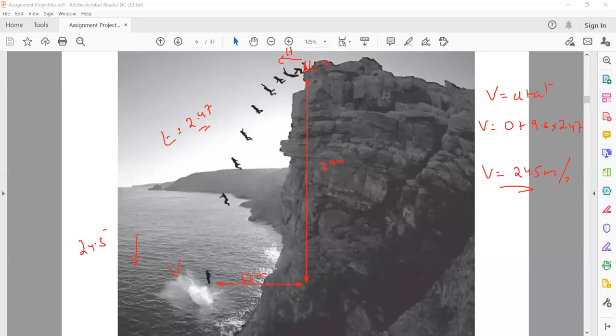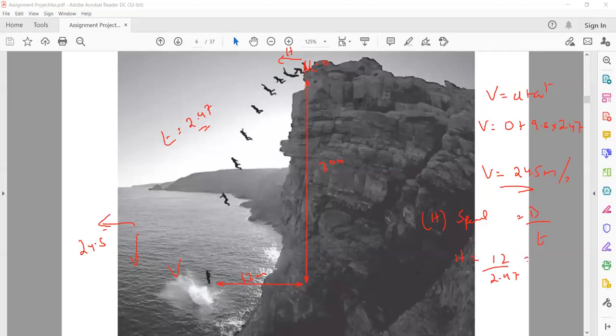What about the horizontal? Because the horizontal does not change throughout the motion, we have the range and we have the time, so we can use range or distance multiplied by time, or not multiplied, because we need speed. So the speed or horizontal component is equal to distance or range divided by time. For the horizontal component, the distance is 12 and the time is 2.47.